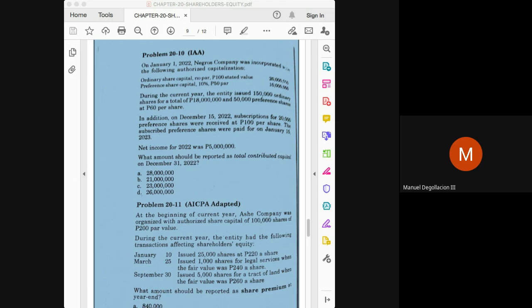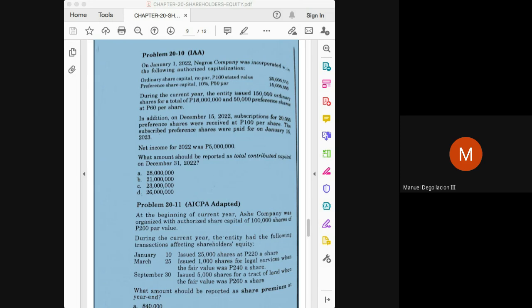Okay, so the part of our shareholders equity that is paid for or given by the shareholders will be considered as part of your contributed capital. But simply stated, class, your contributed capital will be your share capital, your share premium, and your subscriptions.